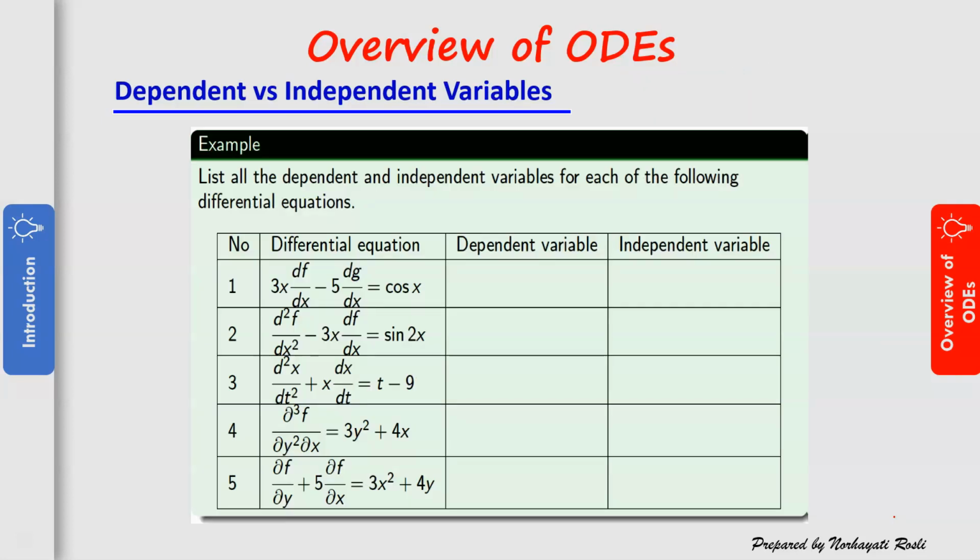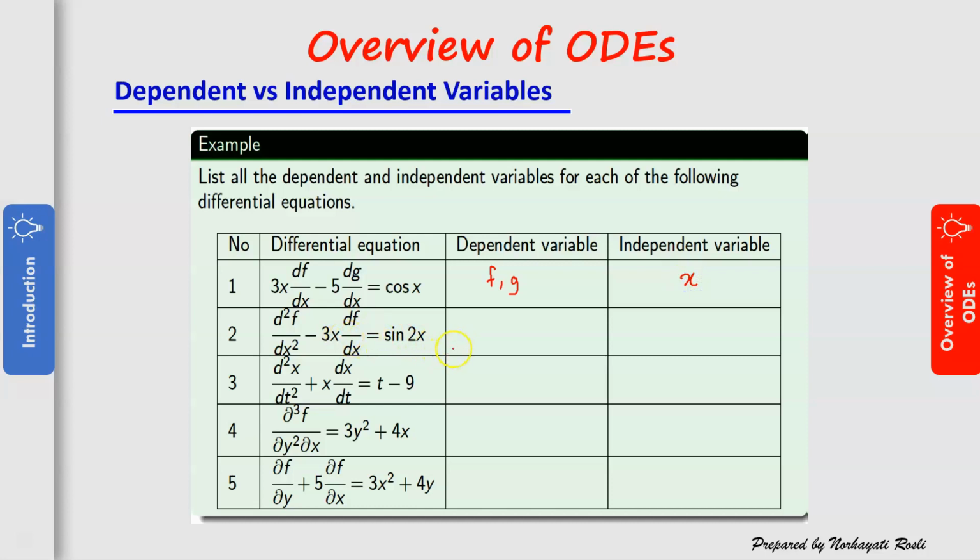Class, let's go to this example. List all the dependent and independent variables for each of the following differential equations. For the first differential equation, we see the derivatives of f and g with respect to x, so we can clearly see that the dependent variables here are f and g, and our independent variable is x.